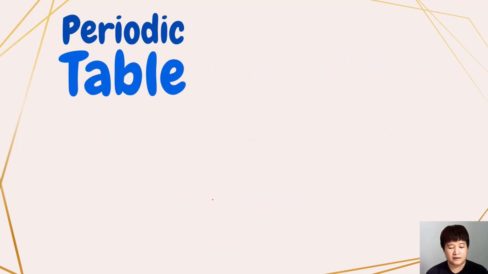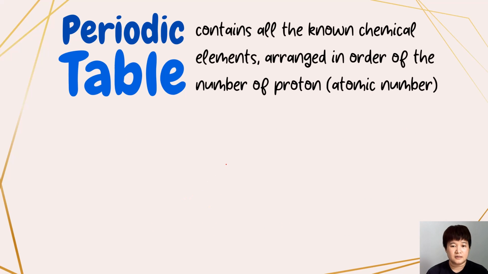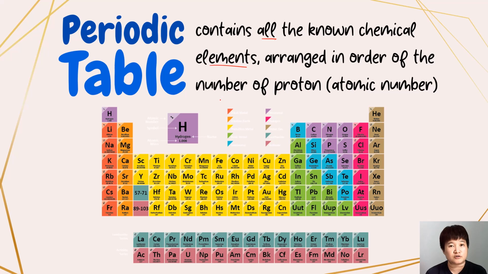A periodic table is a table that contains all the chemical elements arranged in the order of number of proton or atomic number. Let's see how the arrangement goes. Hydrogen has proton number 1, then helium, proton number 2, then lithium 3, beryllium 4, boron 5, carbon, nitrogen, oxygen, fluorine, neon, and so on.